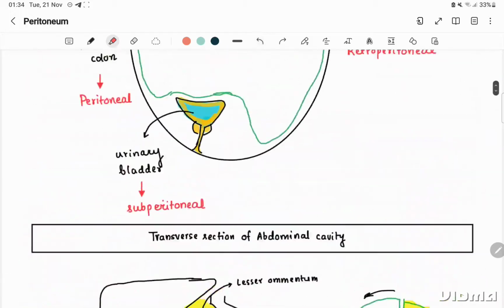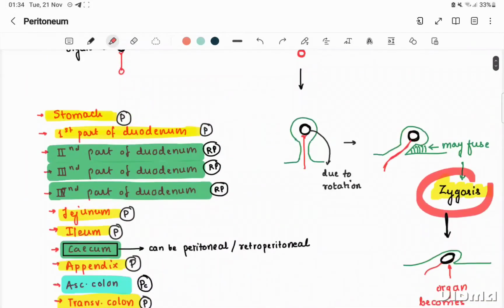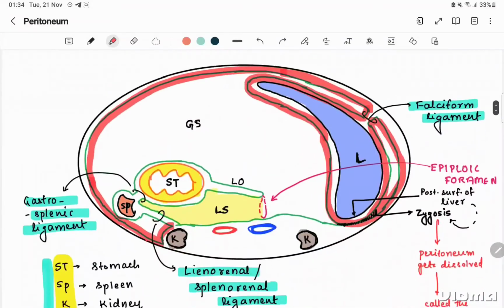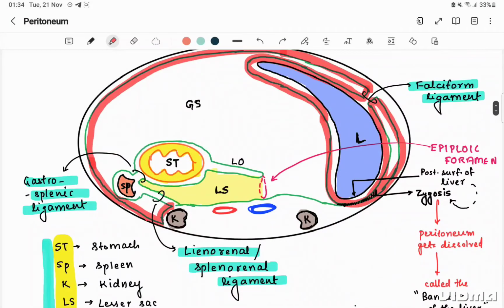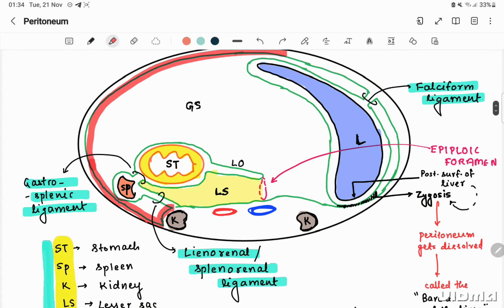We talked about zygosis, remember? This is the fusing, but this is not forming any retroperitoneal structure, it is only zygosis that is being formed here, and it comes here and forms a lesser sac, and surrounds the spleen from this end. So this is your whole peritoneal lining.